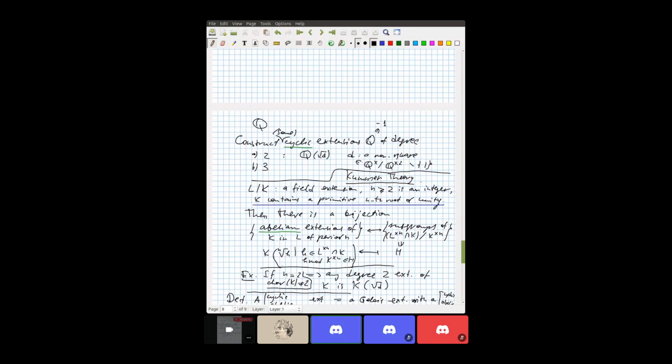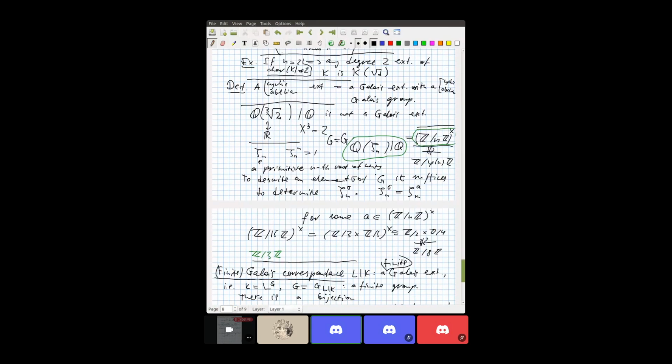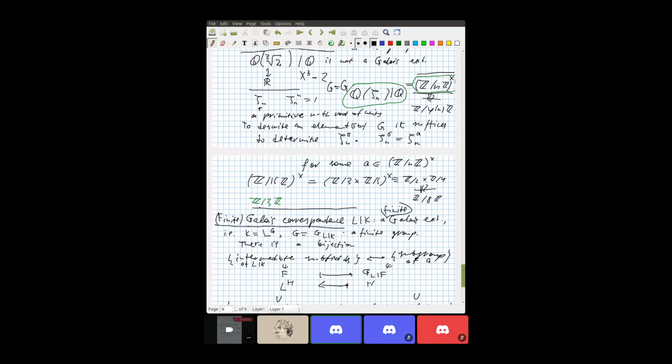In the case of rational numbers, Kummer theory doesn't give much because we don't have any roots of unity except the second one; we only have -1 as a non-trivial root of unity. But if you remember, we have constructed some other extensions, and we have already mentioned this. Maybe using this one, you can construct a cyclic extension of degree 3.